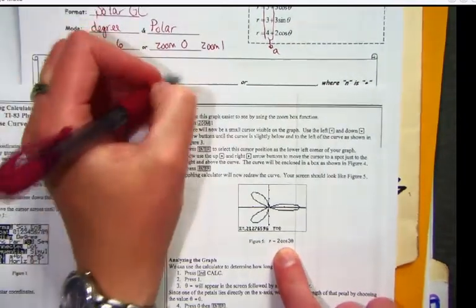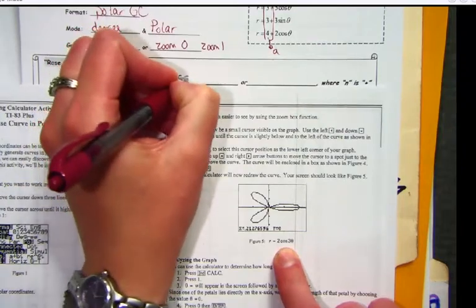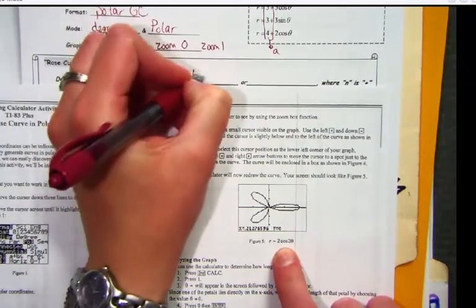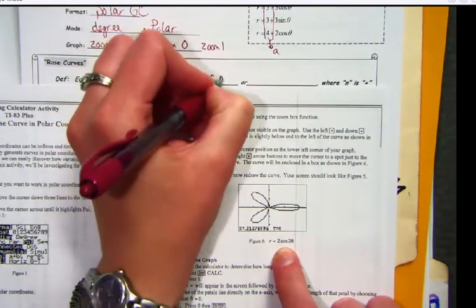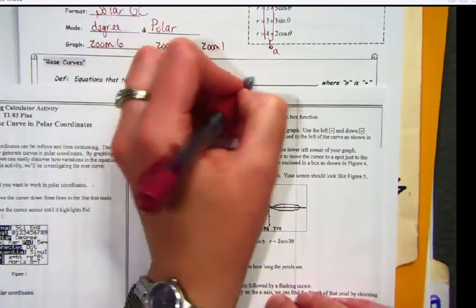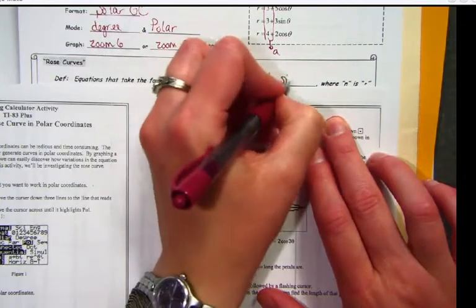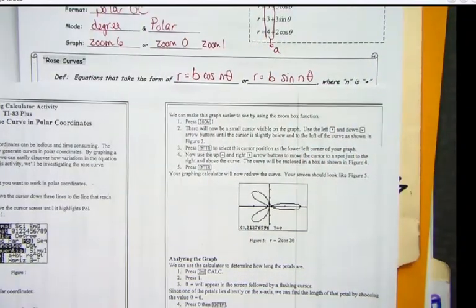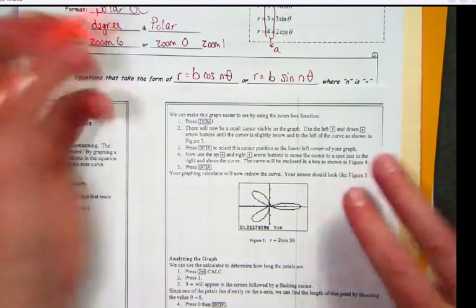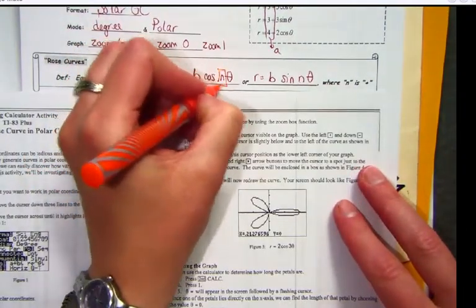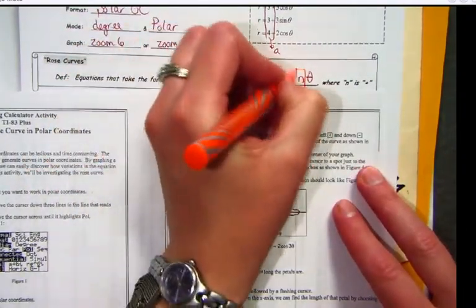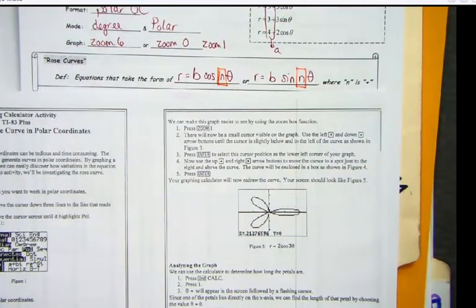So our form that we're seeing is r equals b cosine n theta, or r equals b sine n theta. And the big thing that's new that we've added in with these rose curves is this coefficient in front of our angle measure.